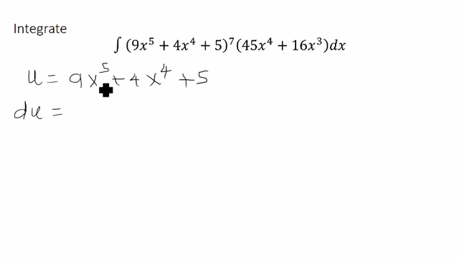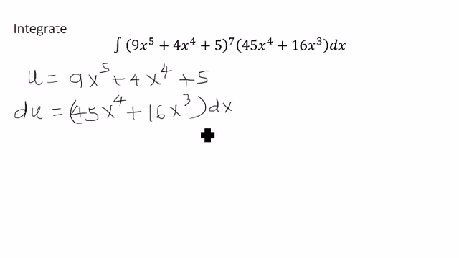So 9 times 5 is 45, x to the 4 plus 4 times 4 is 16, x cubed, and then you have the dx part here. So that's how you find the differential of this u on the left side.